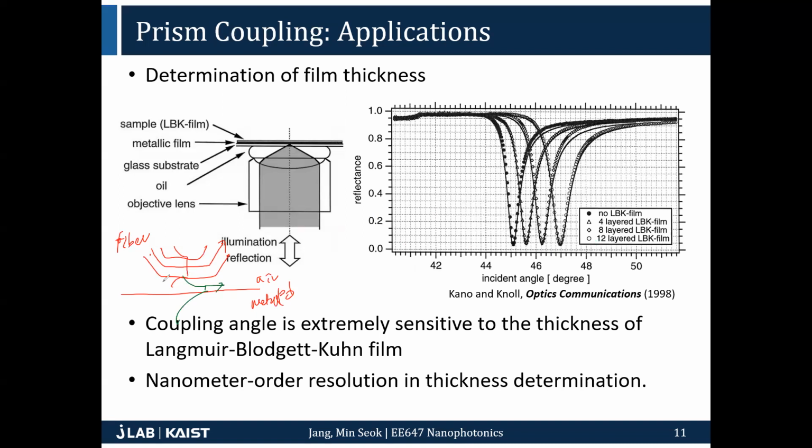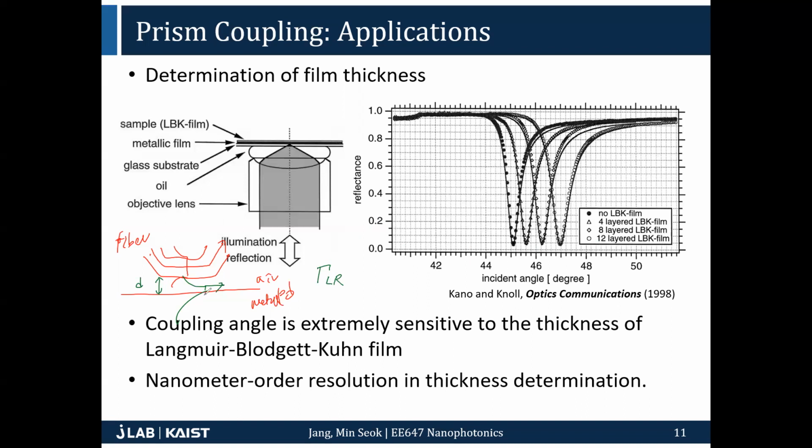The question is whether the distance between the fiber and metal is important. And yes, it is very, very important because it determines gamma LR, the one that we defined earlier.